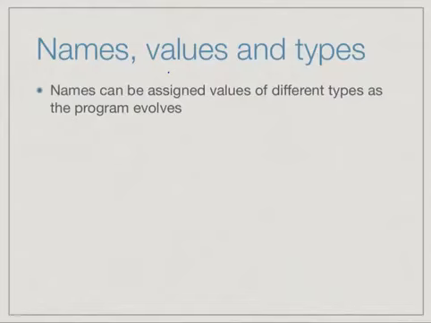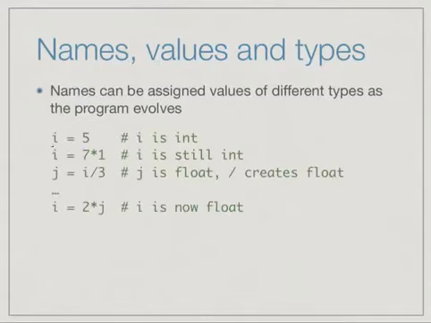So let us illustrate this with an example. So the main feature of Python is that a name can be assigned values of different types as the program evolves. So if we start with an assignment I equal to 5, since 5 is an int, I has the type int. Now if we take an expression which produces an int, such as 7 times 1, I remains an int.